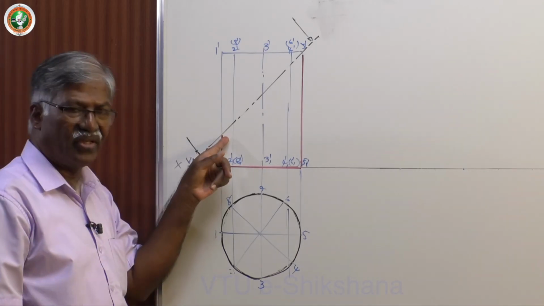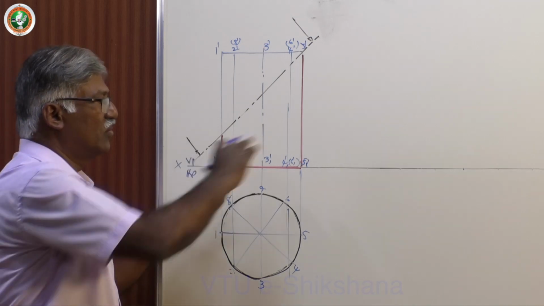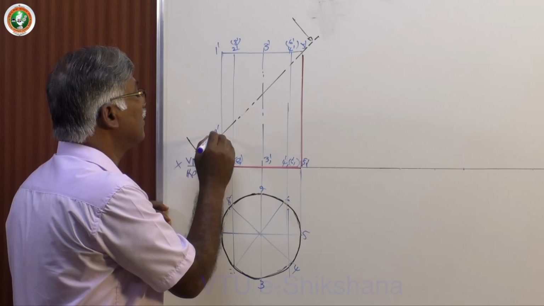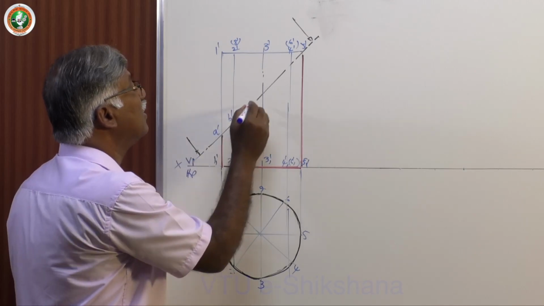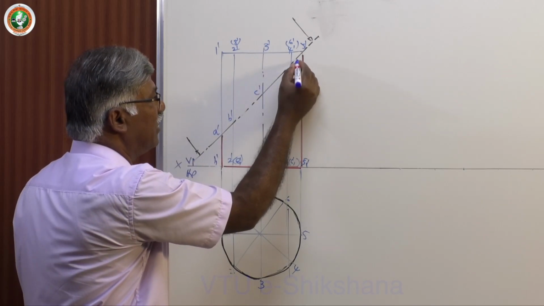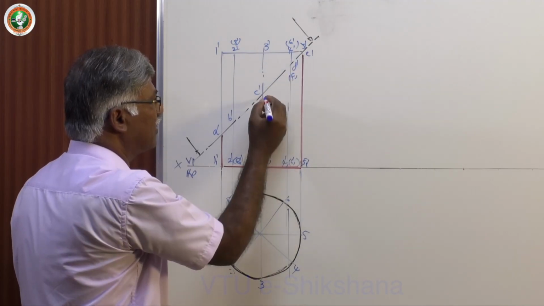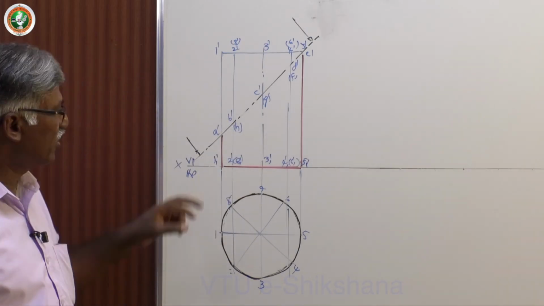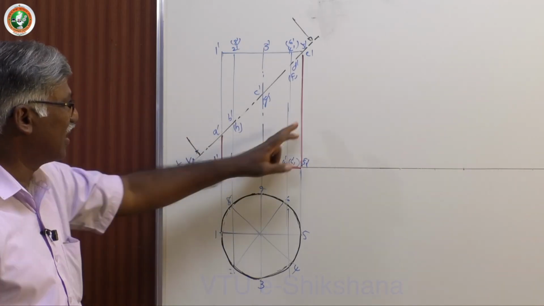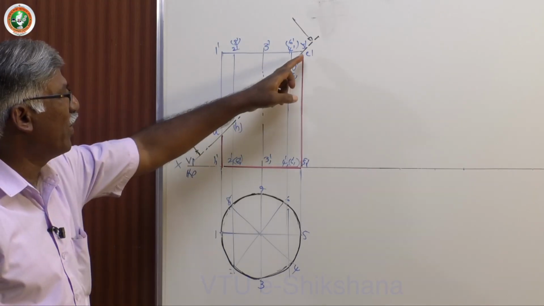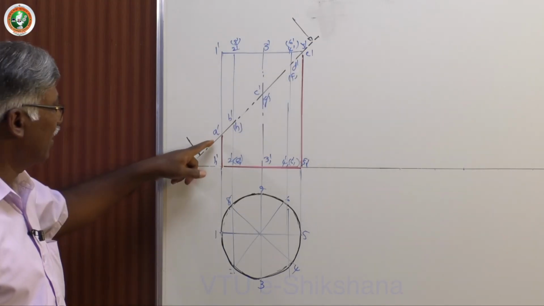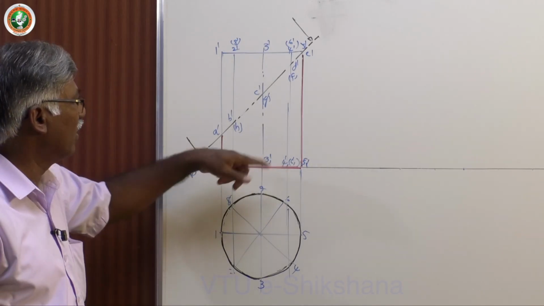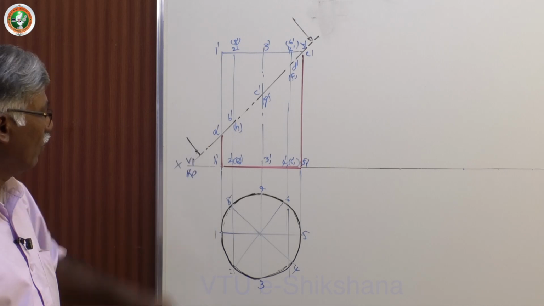Now, the points of intersection with the section plane, because to get the profile there: A dash, B dash, C dash, D dash, E dash, F dash, G, H. These are the points of intersection with the imaginary generators. These are end generators. For the end generator, the top point itself is the intersection point. Here, A is in between 1 1 1, the first generator. This is the middle one. Again, 1 1 1 will be having A only.